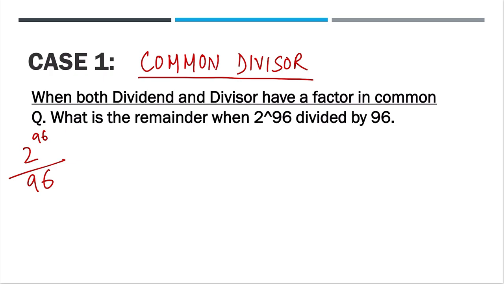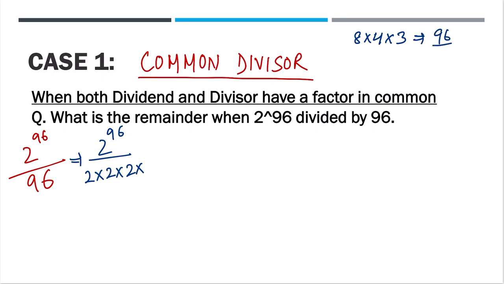So write again, 2 raised to power 96 divided by, how can you write 96? Can I not write it as 2 into 4, 4 into 8, 8 into 4 is 32, 32 into 3 is 96? Is it clear?